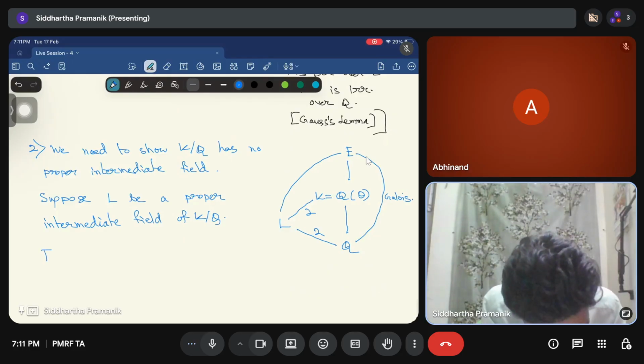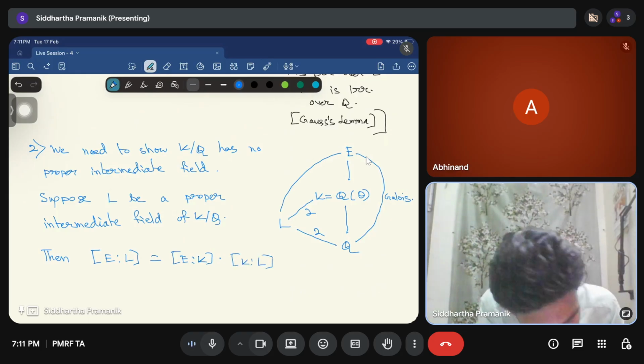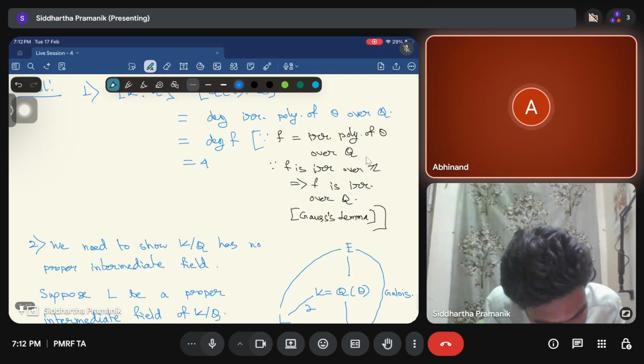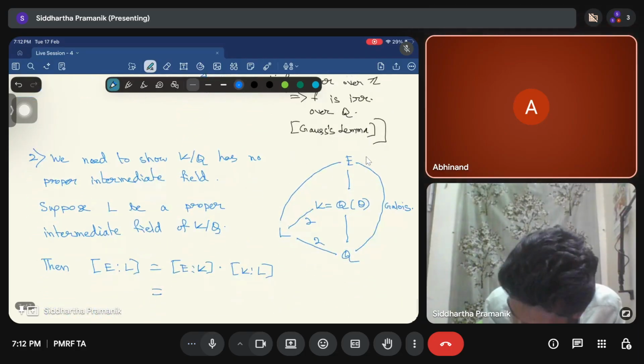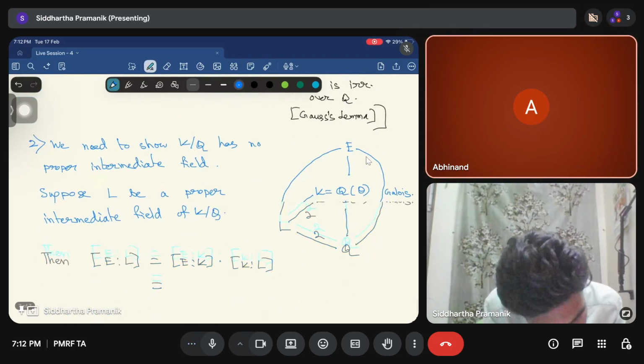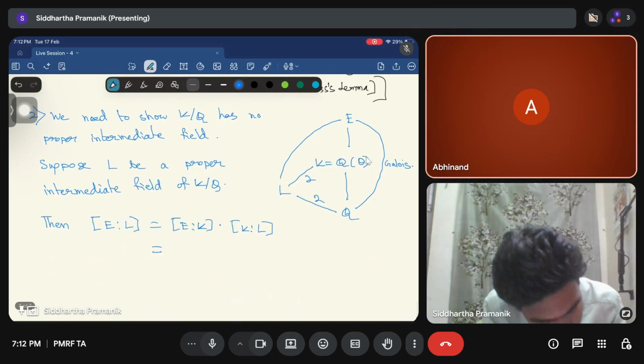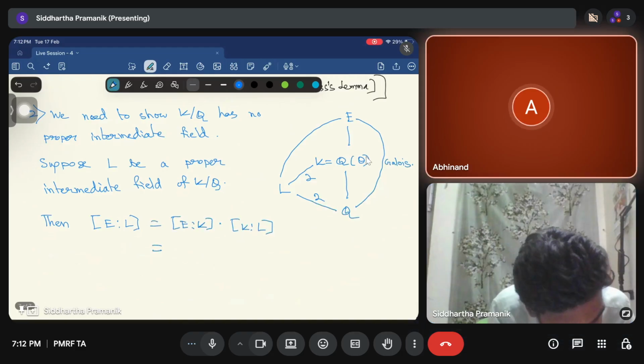So then E over L is the same as E over K times K over L, right? So what is E over K?